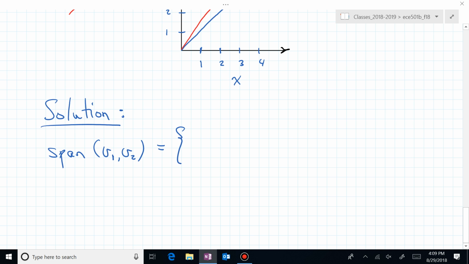It's a scalar multiple of the first vector plus a scalar multiple of the second vector, such that A1 and A sub 2 are drawn from the real line, or the field of real numbers.